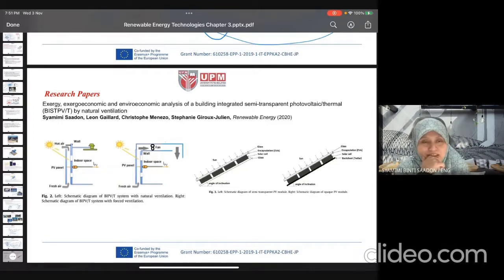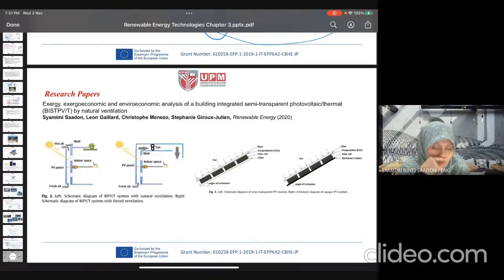Entropy is the parameter that we use to measure the second law of thermodynamics. The first law of thermodynamics was enthalpy, energy. The second law is entropy, to account for the irreversibility or the energy loss in the process.